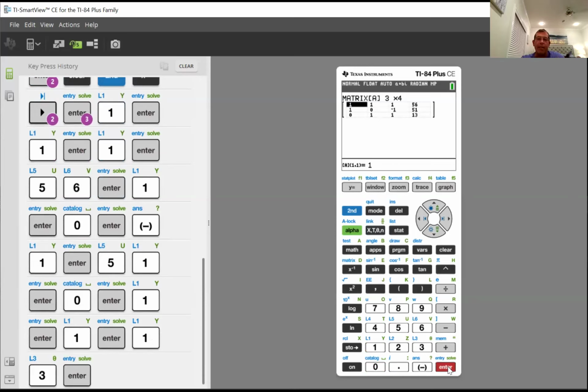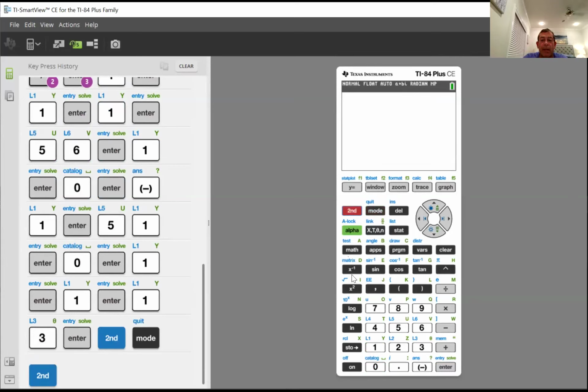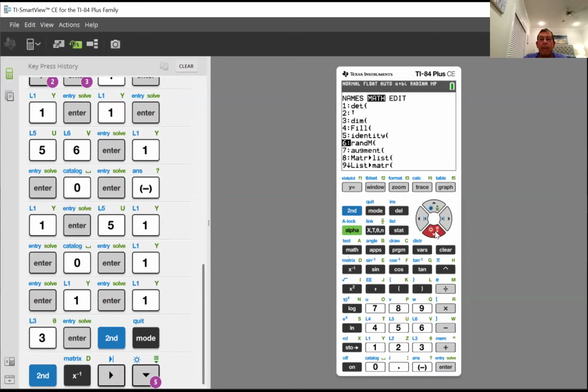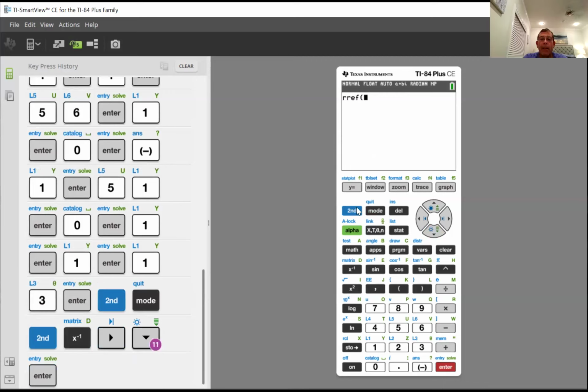All right, y'all, so everything's in. So now I can quit by hitting second mode. Now I'm going after RREF. So second, X -1. Go to math, and then arrow down. And enter. And then go get that matrix, second, X -1, and hit enter since one's highlighted.